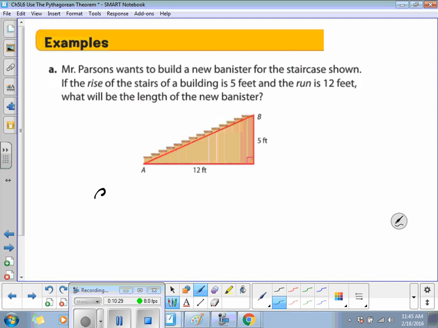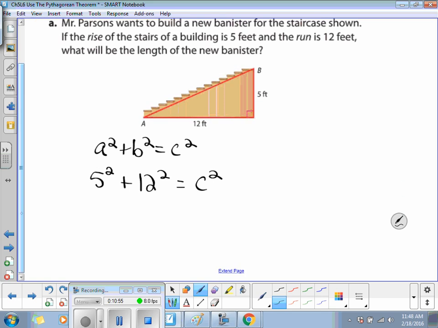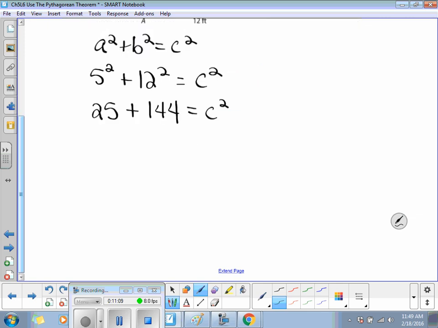So all you're going to do is use your Pythagorean theorem. So we have a squared plus b squared is equal to c squared. What am I going to substitute in here? Okay, 5 feet. So 5 squared plus 12 squared is equal to c squared, right? So now, all we have to do is simplify. So we've got 5 squared is 25, plus 12 squared is 144, and that's going to be equal to c squared.